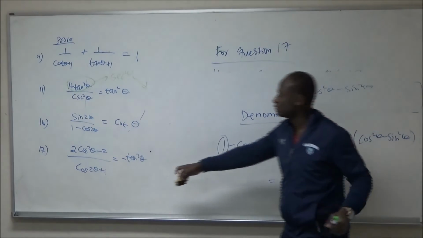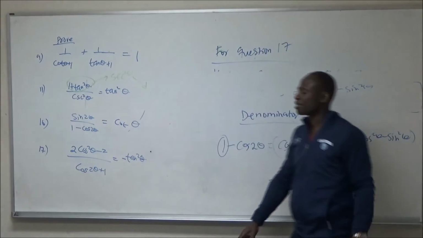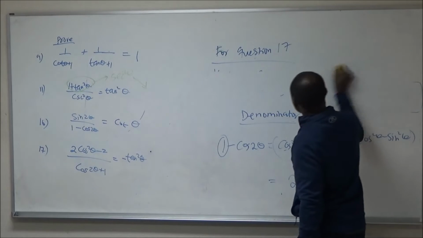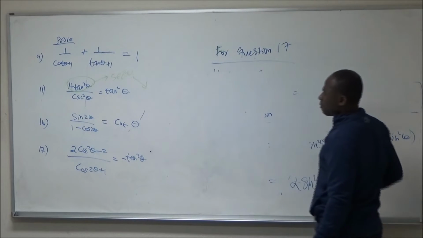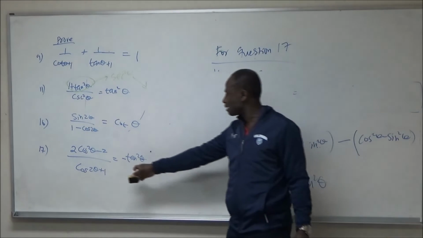You're trying to get negative tan squared theta, right? On the right hand side. And I'm even asking myself, how did they get negative to come out of that?